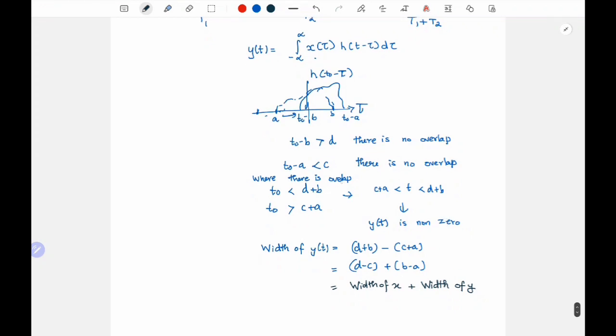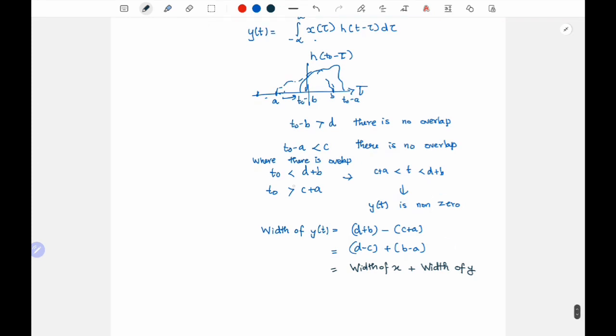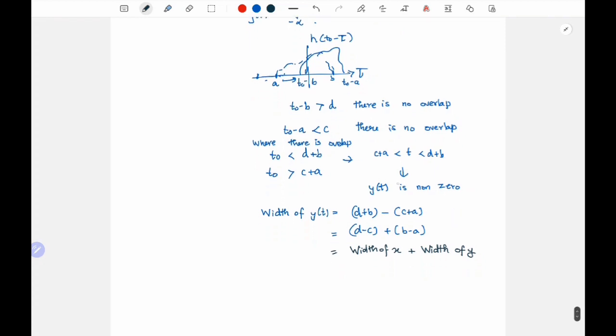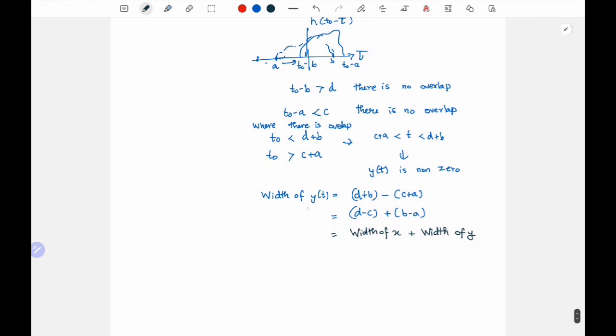So when there is an overlap, when t naught minus b is less than d, which gives t naught less than d plus b, and also when t naught is greater than c plus a. So actually t is varying between c plus a to d plus b. So y of t is only non-zero inside this condition. Then we can easily find the width.